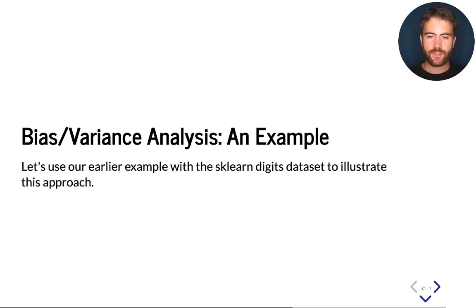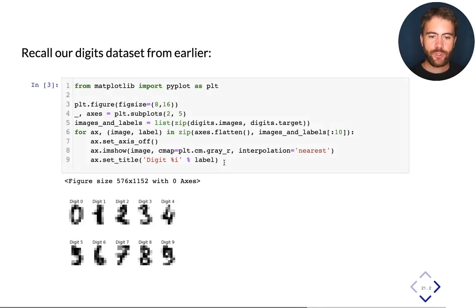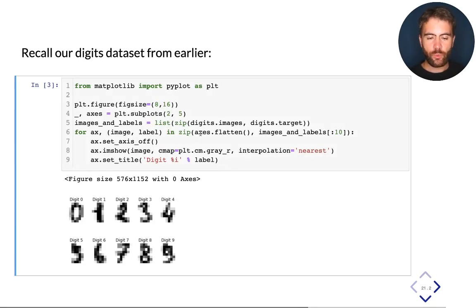So let's now look at a particular example of bias variance analysis using the scikit-learn digits data set that we started using earlier in this lecture and in the previous video. So recall that we started working with this data set, which is a data set of digits, and those are small 8x8 images.